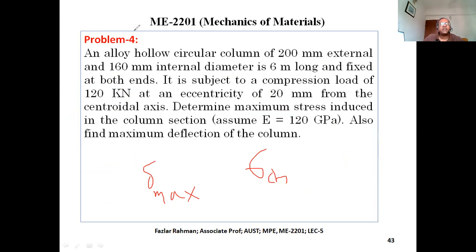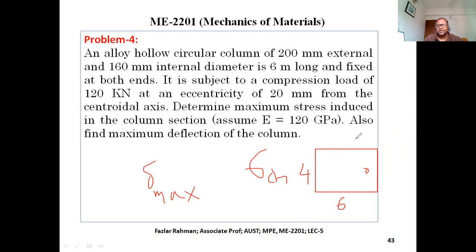How will you calculate the eccentricity? Say this is the cross section of the column, and this length, let me say this is 6 inch or millimeter, this is 4. I'm applying load at this point. Load is going through this point.